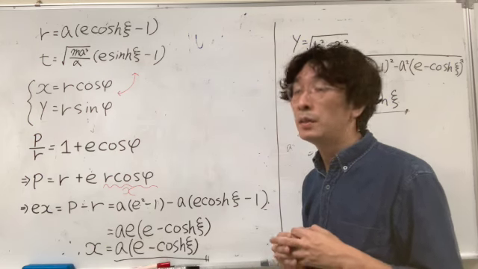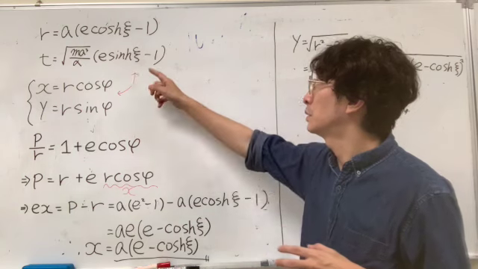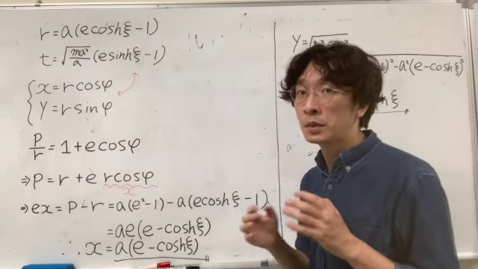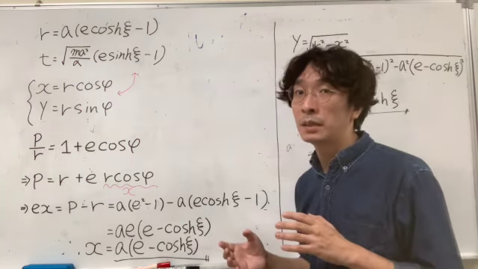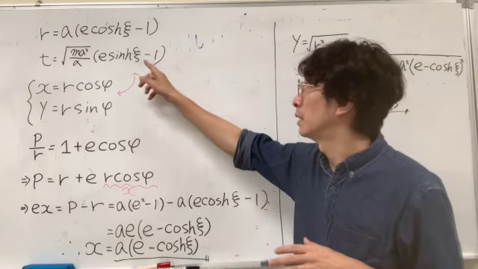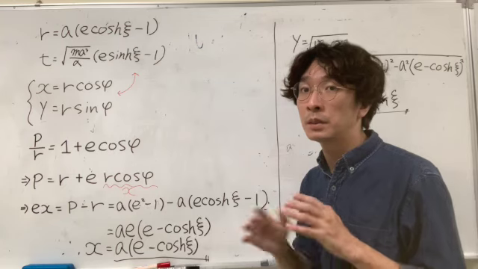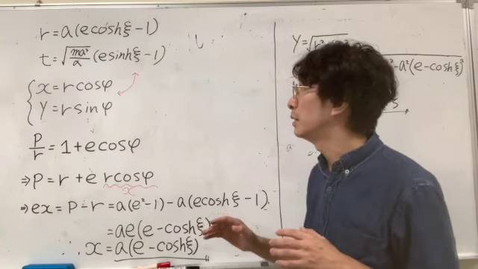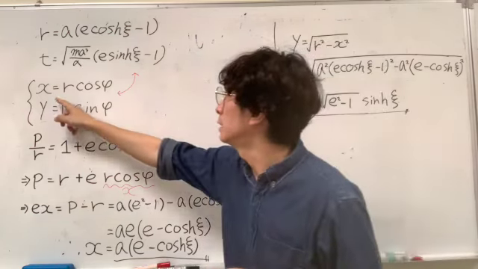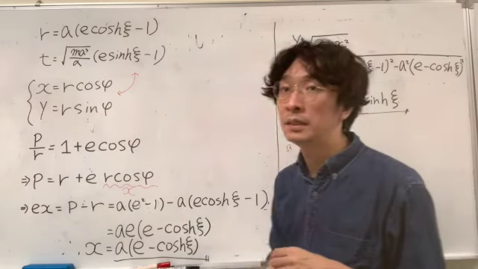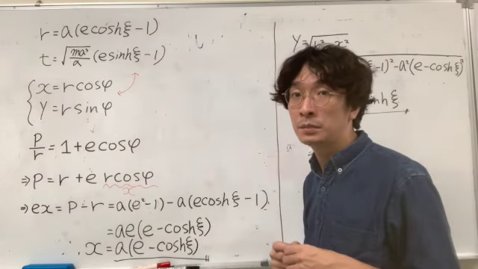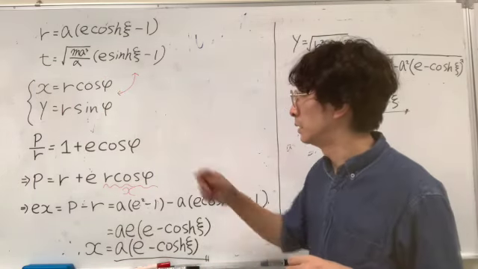Okay. Now we have estimated the time as a function of xi, but we would like to know the relation between the Cartesian coordinates and xi. To get this relation, first we assume x and y like this. At that time, we assume the equation of the trajectory like this.